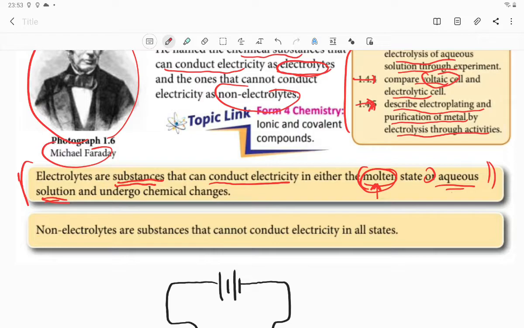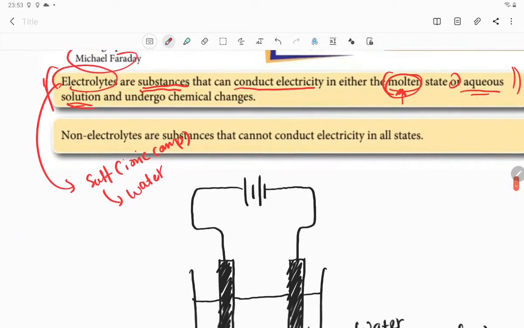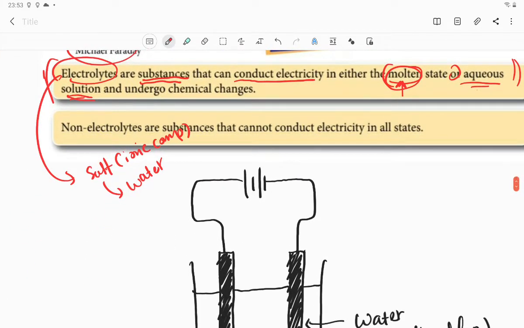For electrolytes, the substance that dissolves is salt. The solvent is water. Salt, this is an ionic compound. So try to remember back what you learned in your Form 4 lesson about ionic compounds.